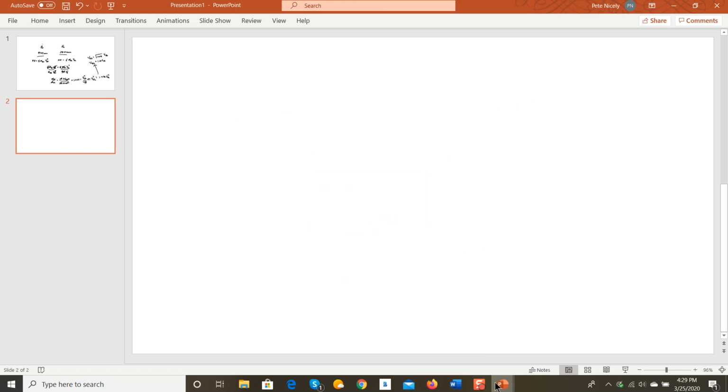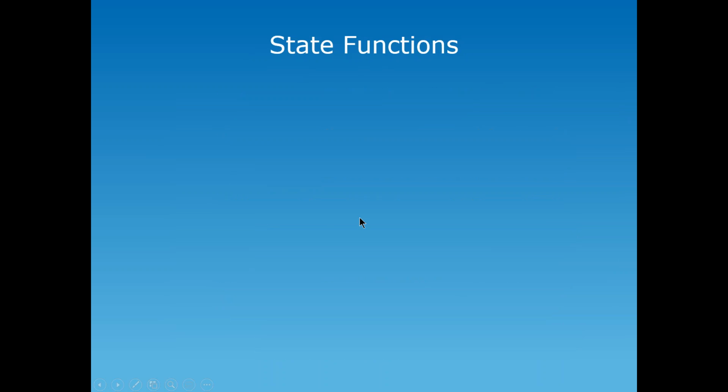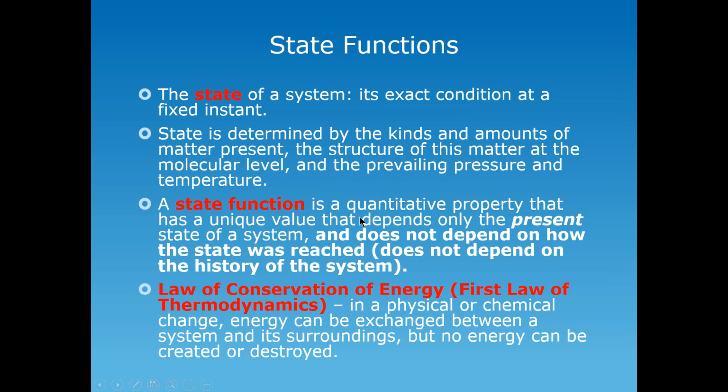Okay, so let me get back to the PowerPoint slide here, and let me get now to a discussion of a very important law: the first law of thermodynamics, which is the same thing as the law of conservation of energy. Basically what this law says is that in any chemical or physical process or change, energy will be exchanged between the system and the surroundings, but no energy can be created or destroyed.